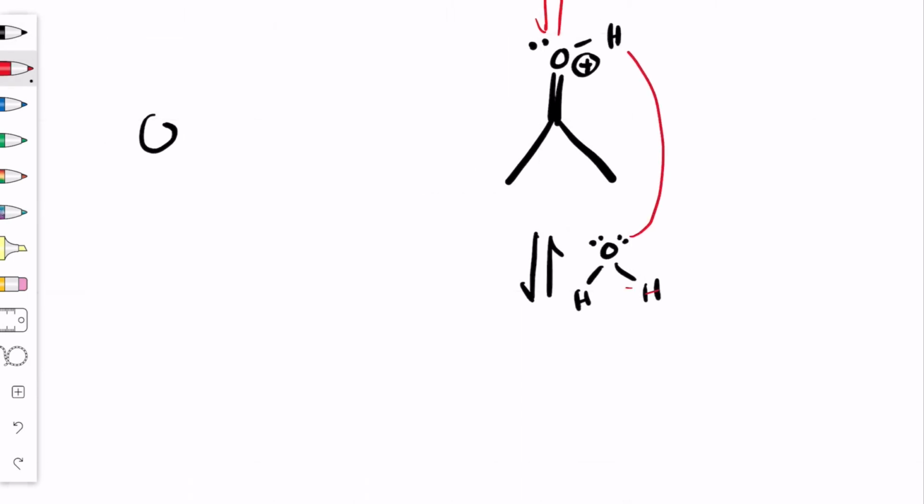So this electron pair attacks the proton, gives its electrons back to oxygen, resulting in the formation of the final compound, double bonded oxygen, which is forming the ketone.